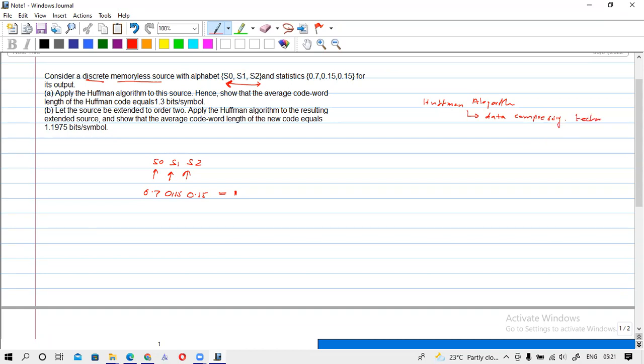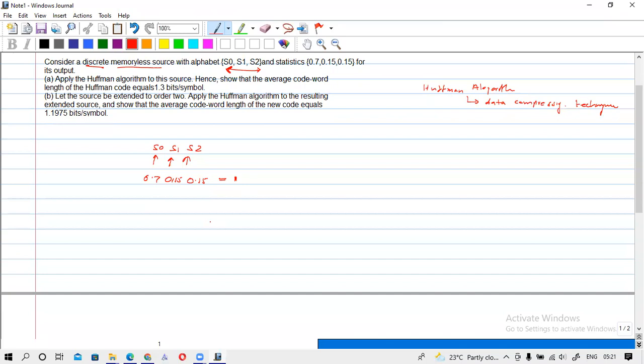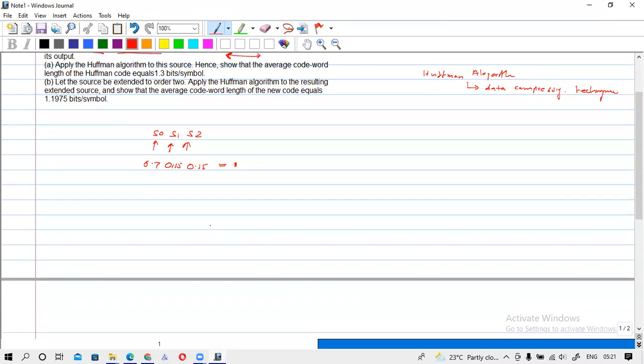So we use the Huffman algorithm to compress the data, to reduce the bit size of the data. So we will see how we can do this compressing task.